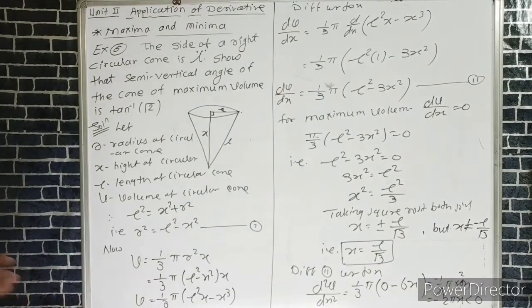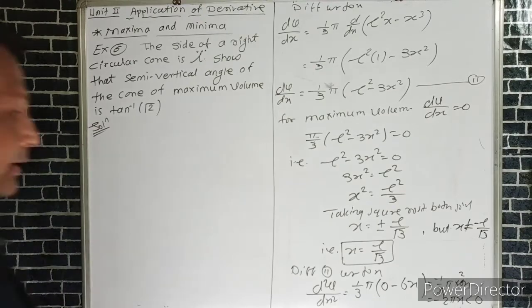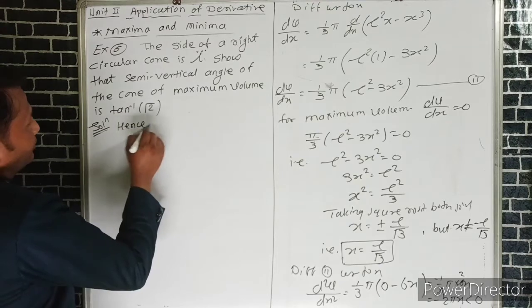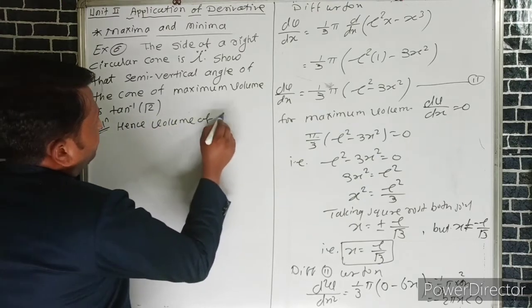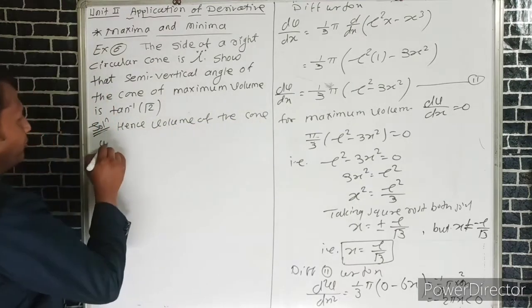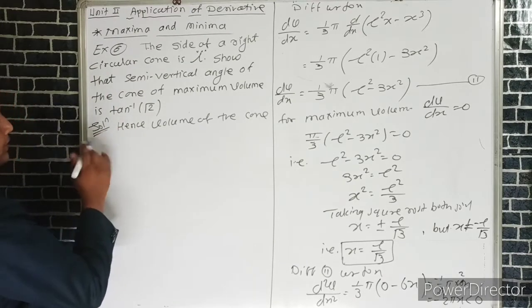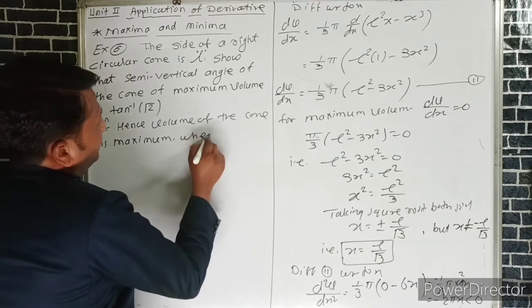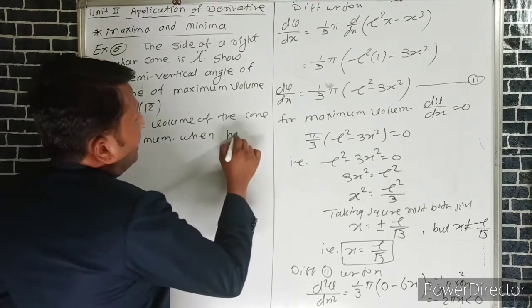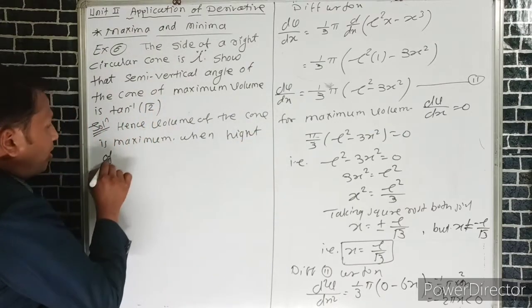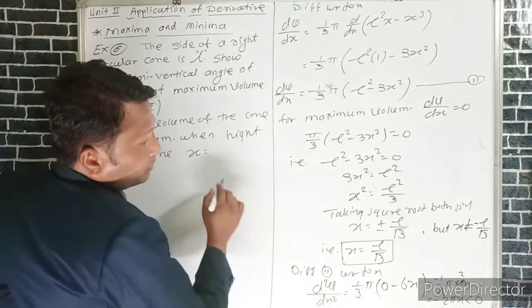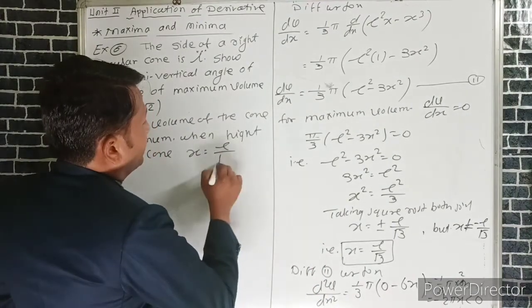So hence we can say that the volume of the cone is maximum when the height of the cone, which is x, is equal to L upon under root 3.